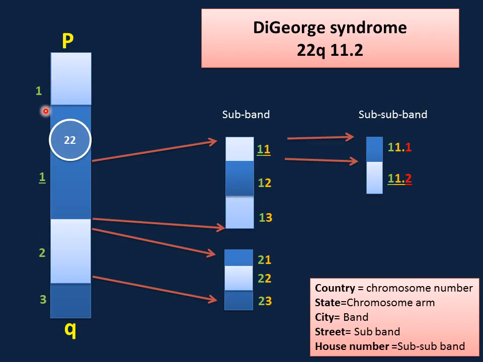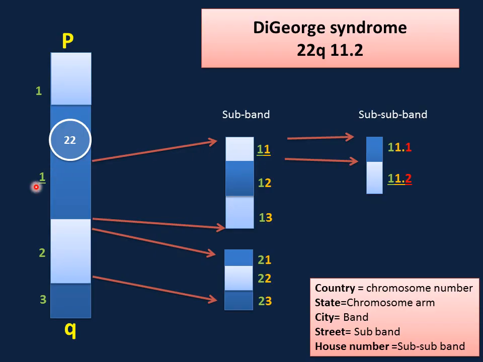Same thing with the short arm: it can be divided into 1 and also into 2. So here there is a region 1 in the long arm of chromosome 22. Then if you expand and look more at region number 1, you will have more numbers, and they are numbered exactly the same way. 1 is the closest to the centromere, 2 is afterward, and 3 is the farthest from the centromere.